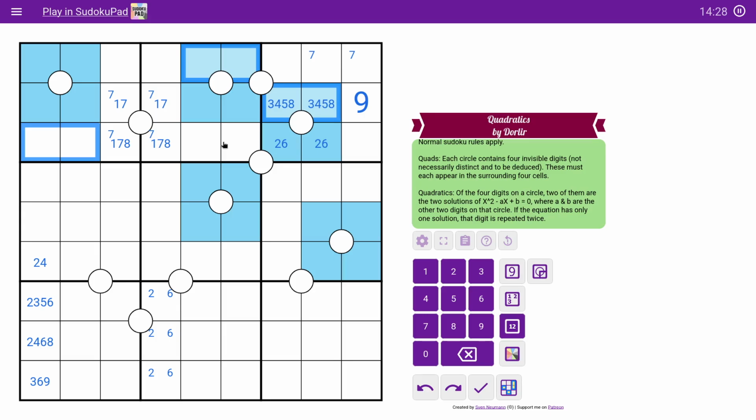If it's 4, 8, we have 4, 8 here, and then 8, and then 4. If this is 4, 8, one of these must be 3, 5, because these are not both 3, 5.